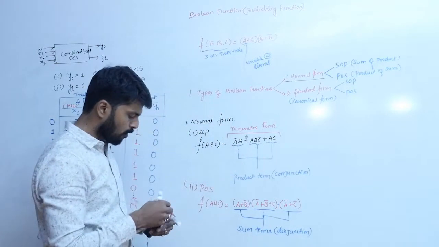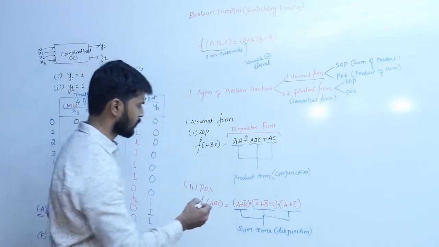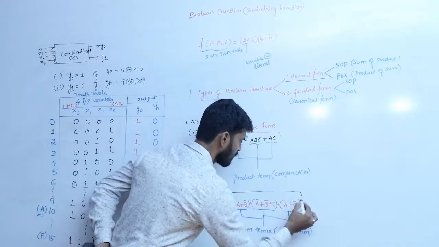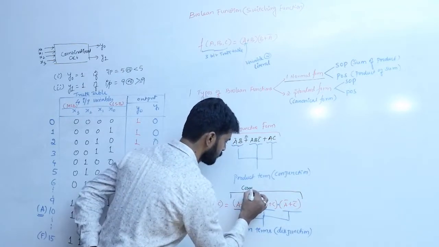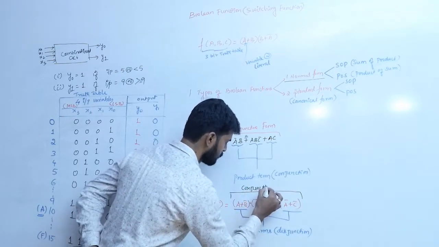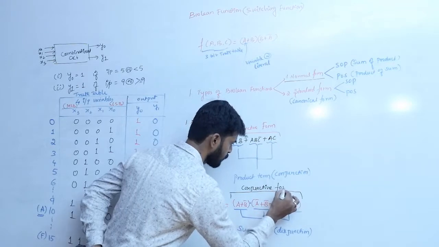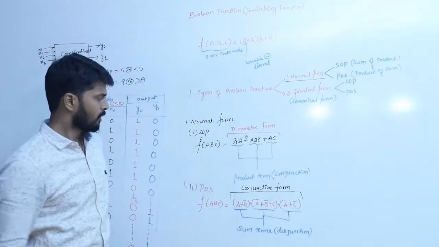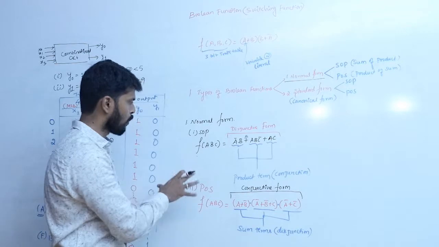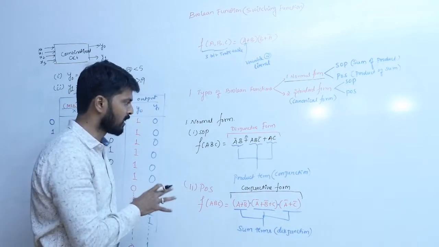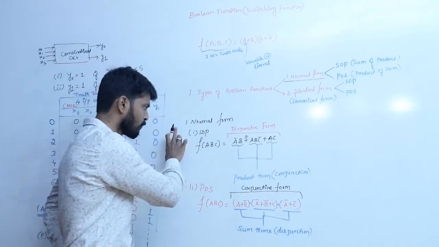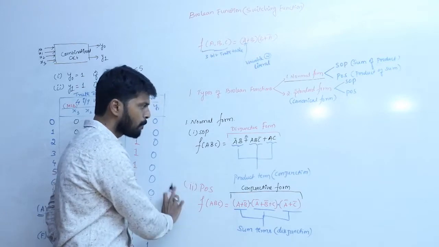But the overall equation looks like a conjunctive form. This is the normal form, in which we are representing the Boolean equation in case of SOP and in case of POS.